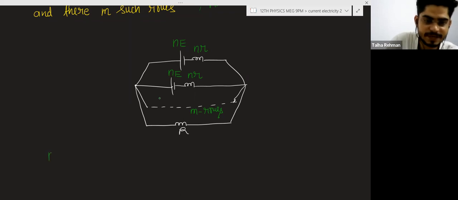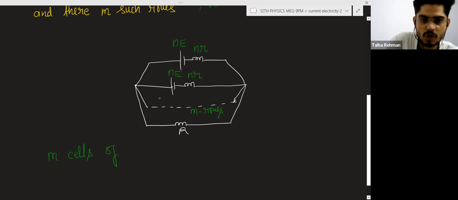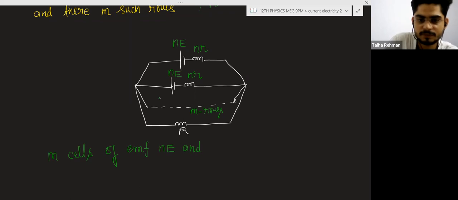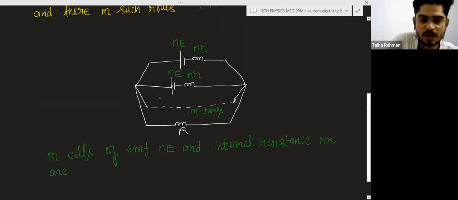Now you can say that m cells of EMF nE and internal resistance nR are connected in parallel.